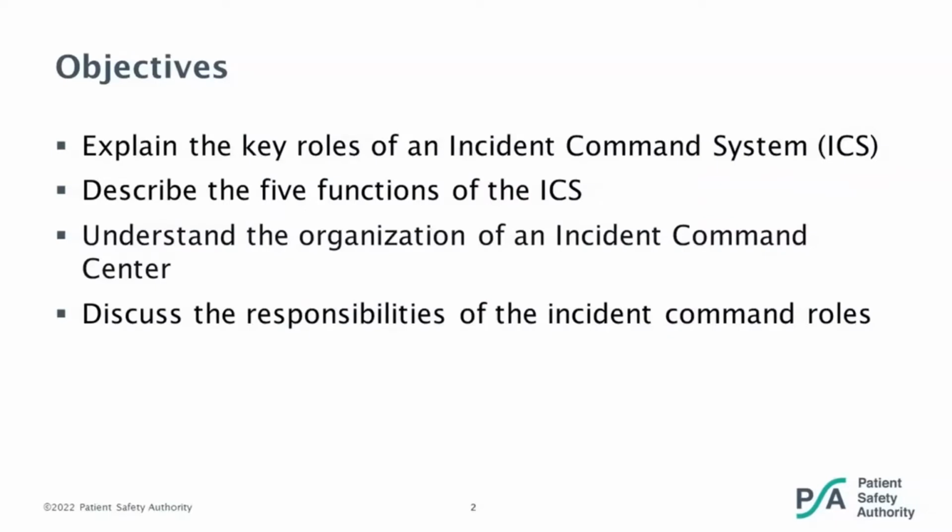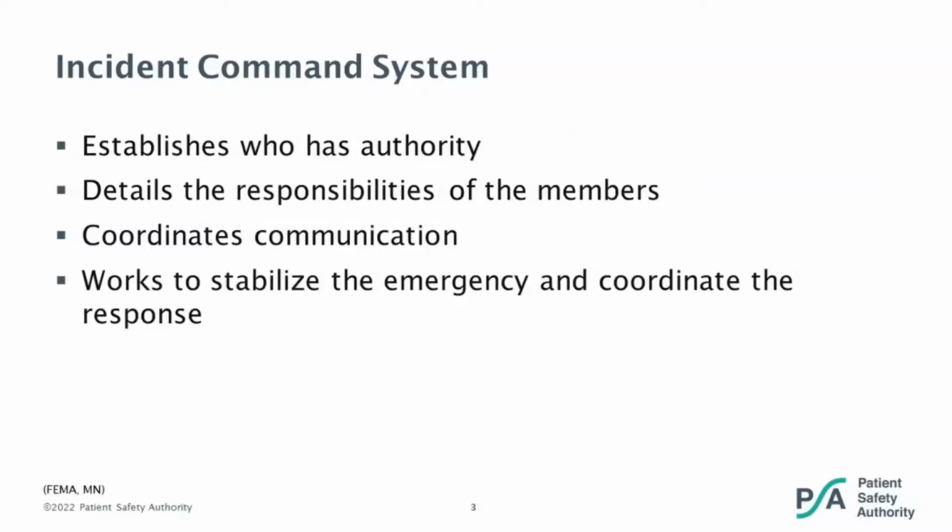So here are our objectives for today: to explain the key roles of an incident command system and the 5 functions, understand the organization of the command center, and discuss the responsibilities of the incident command roles for the incident command team. The incident command system is used to command, control, and coordinate the efforts of individual agencies as they work towards the common goal of stabilizing an emergency.